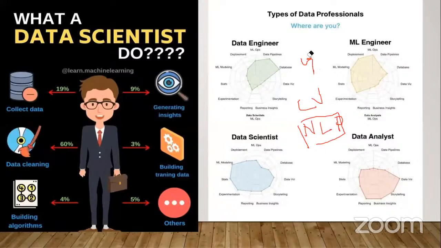You might have seen generative AI. So what is generative AI, computer vision, NLP, and how is it different from data scientist, data analyst, machine learning engineer, AI engineer? We'll try to understand these things now.